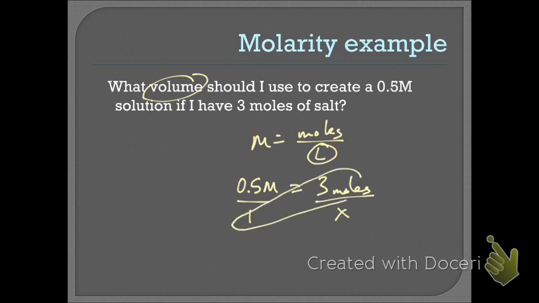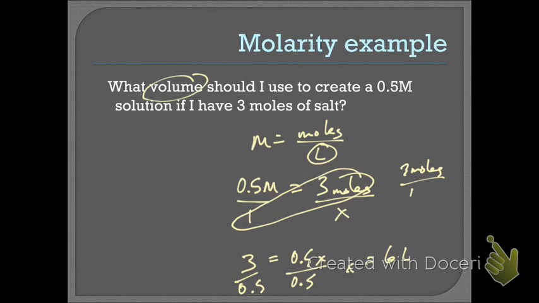So I have 3 on one side equals 0.5x. Divide both sides by 0.5. And X equals 6 liters. And that makes sense. So if I have 3 moles over 6 liters, my molarity will be 0.5 mole, right? 3 divided by 6 is 0.5. 1 sig fig, 3, and 0.5 have also only 1 sig fig.